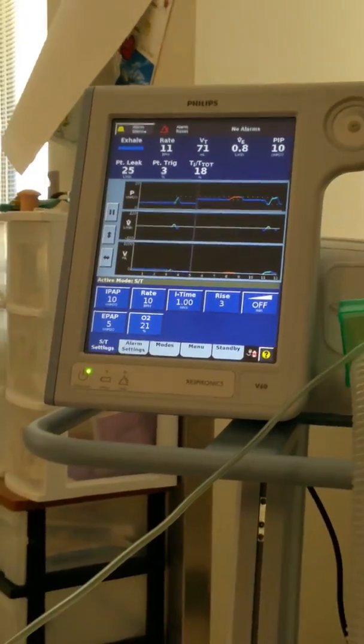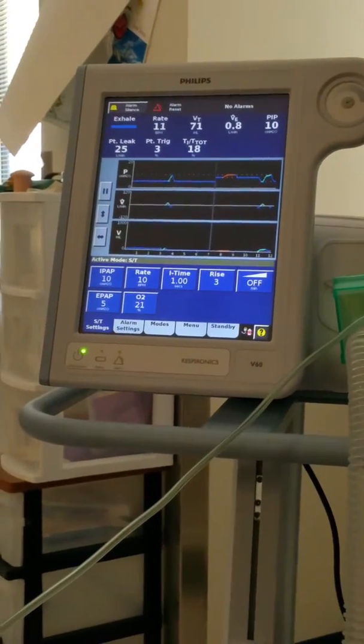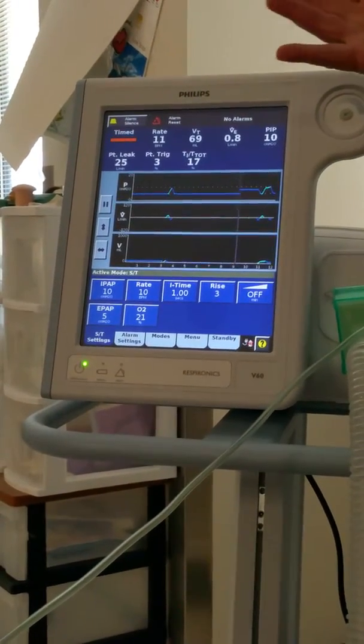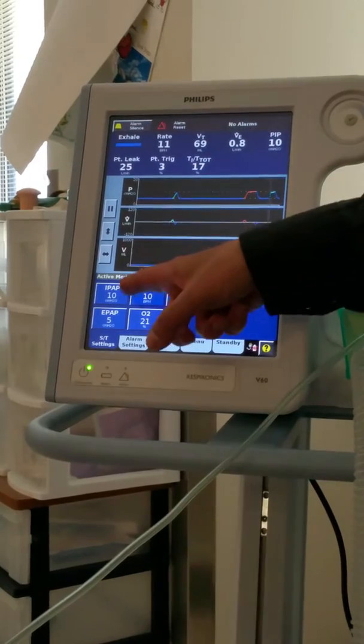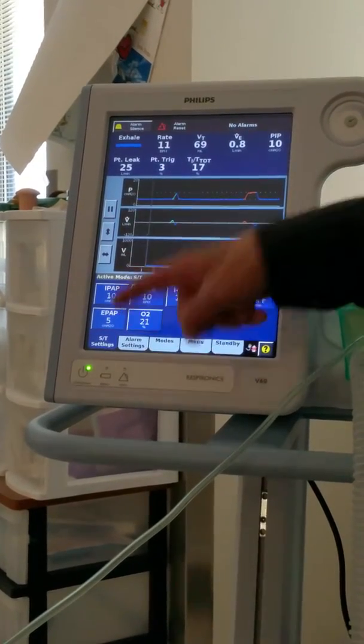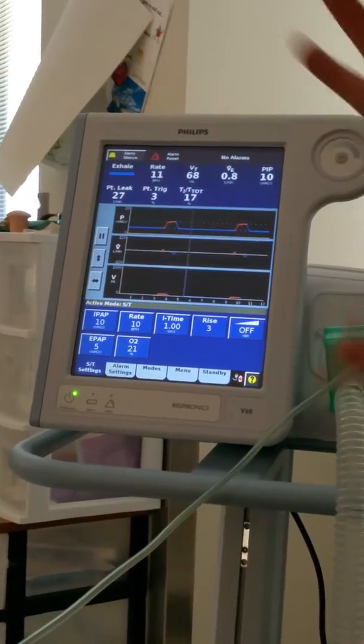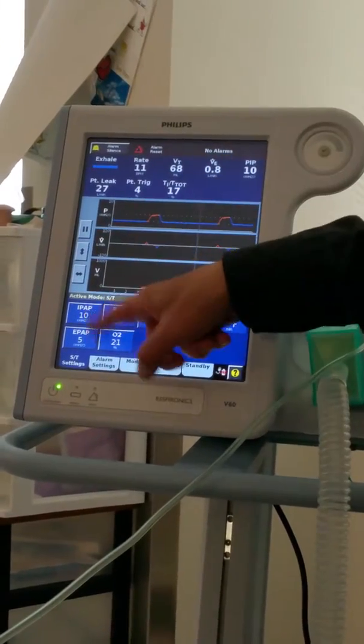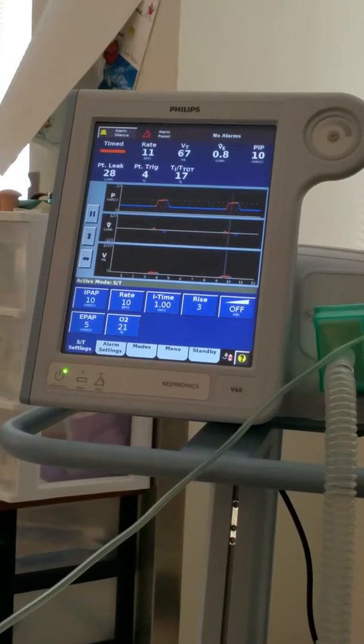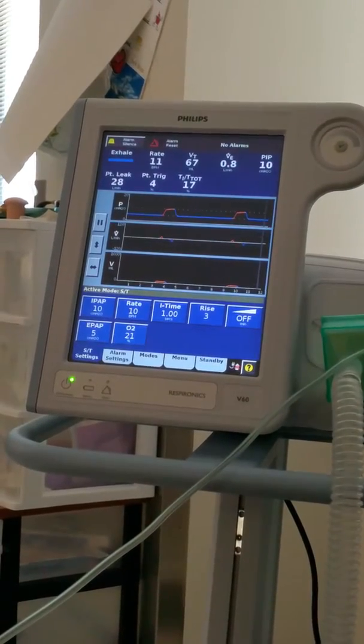I promise. Okay, so these are kind of basic plain Jane settings here. IPAP of 10, EPAP of 5. What's the driving pressure now? What's driving the tidal volume? The IPAP. But how much? 5, right?